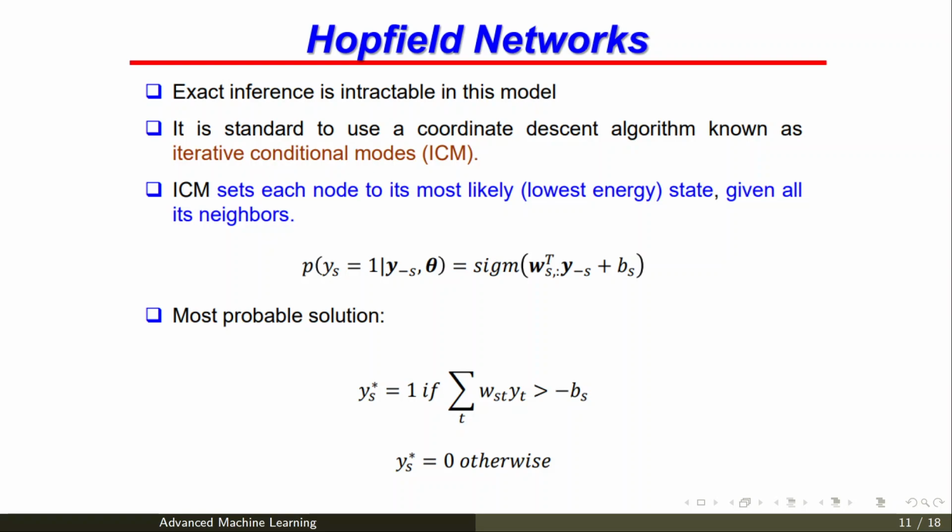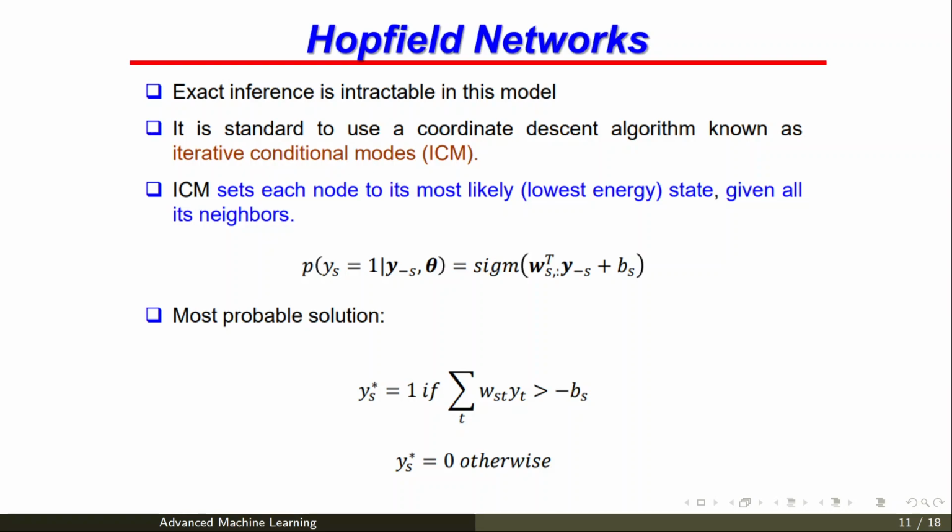The method you use to solve this problem is iterations, using an algorithm called iterative conditional modes. Iterative conditional modes are based on figuring out the most likely state of a node given all the other nodes.